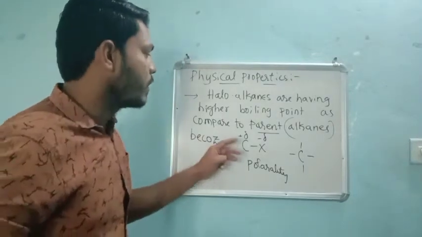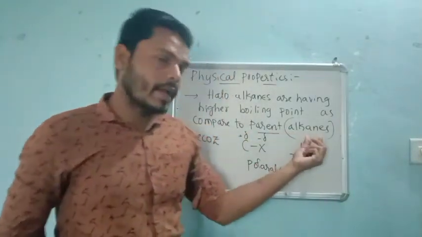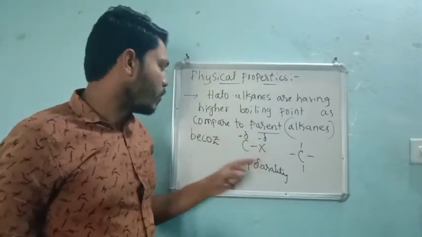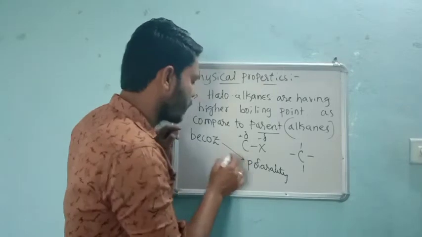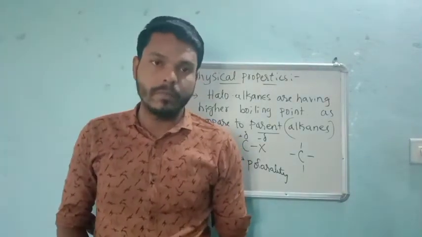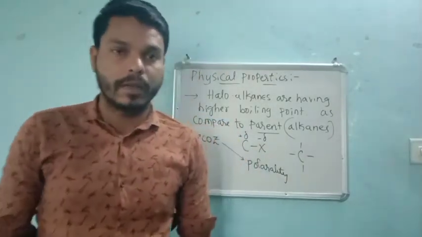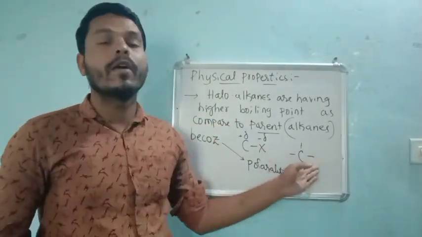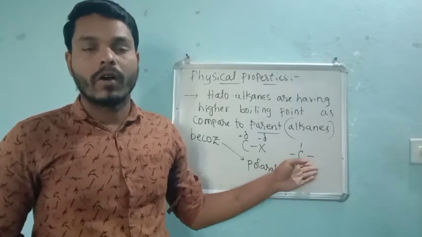So that's why, as compared to the parent alkanes, these haloalkanes are having more boiling point, because in the haloalkane there is a polarity because of the presence of halogen. But in parent alkane that is not the case. Polarity is not there in normal alkanes.